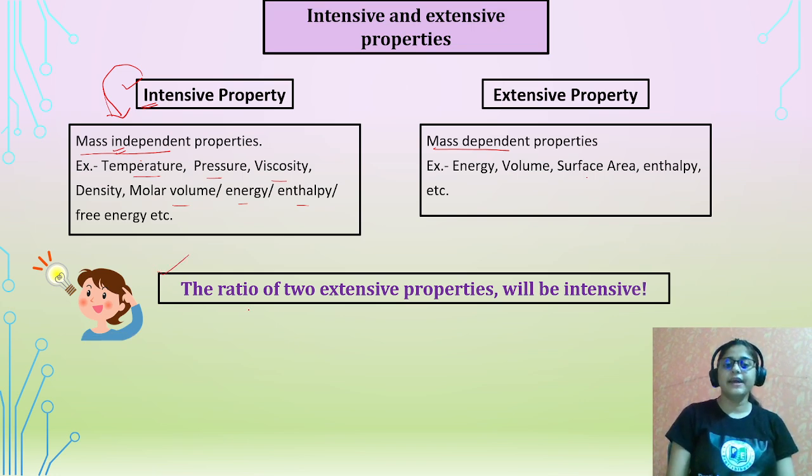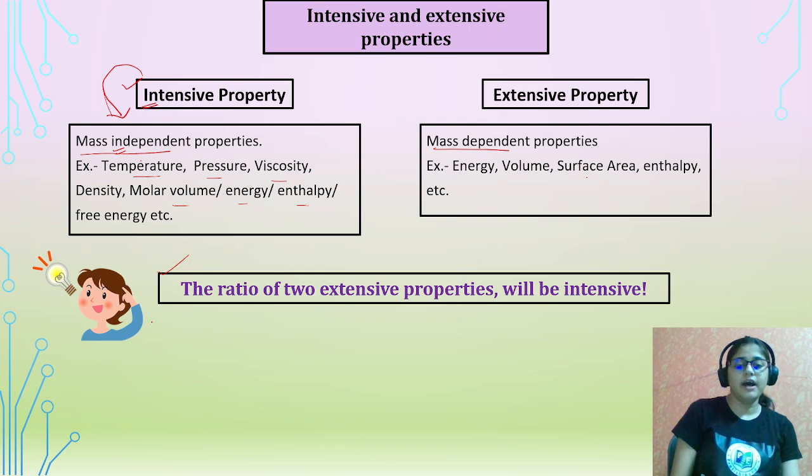One important thing here is that the ratio of two extensive properties will always be intensive. If we take the ratio of two mass dependent properties, that will be independent of mass, an intensive property.